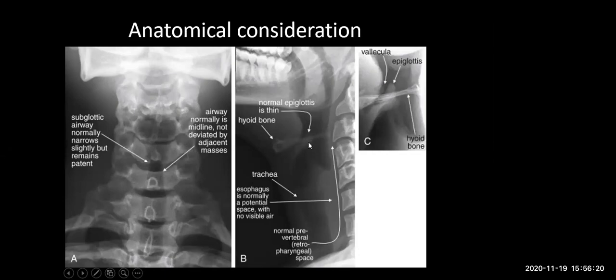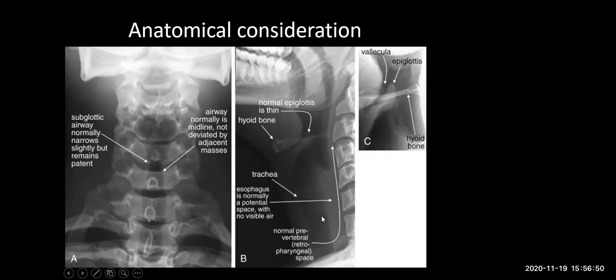Moving down from the epiglottis is the hypopharynx. Inferior to that is the subglottis, which is normally at the C5, C6 level. If you count with me, this is C2, 3, 4, 5, 6, so this is the sixth cervical vertebra. Opposite to that there is slight narrowing, which is appreciated well on the AP radiograph. Moving downward, you will see the trachea.